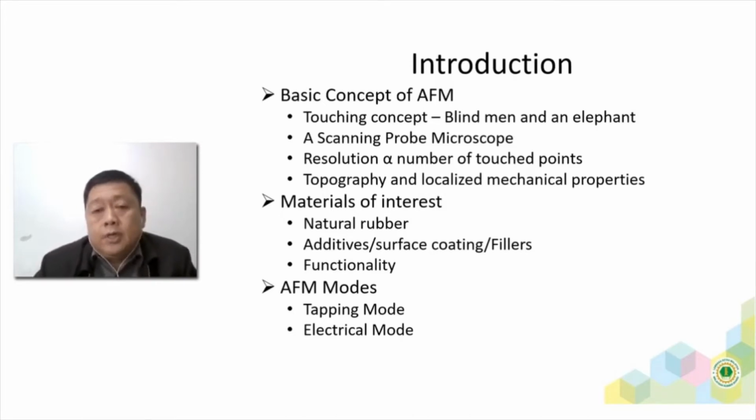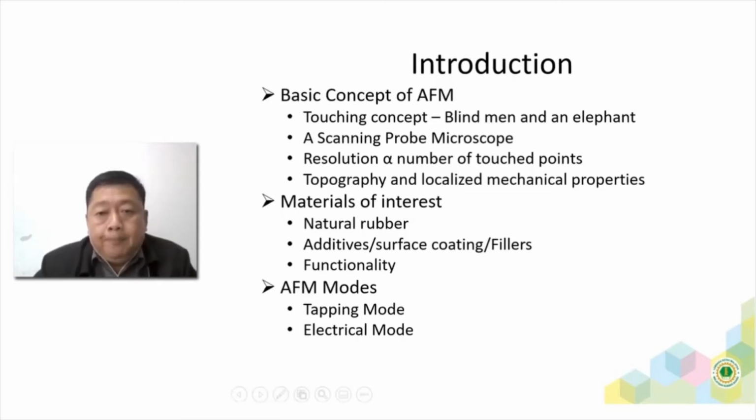Typically, we go for a few microns, and for a big sample like a semiconductor, it might go up to 100 microns, but that is for an ultra-flat, very flat surface. For rubber samples, usually the flatness is not that high compared to the silicon industry, or the wafer or whatever. So we don't go for very large area scanning. Typically 5 to 10 microns is the maximum for us.